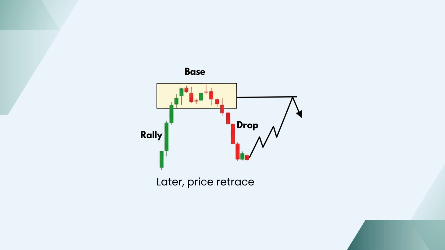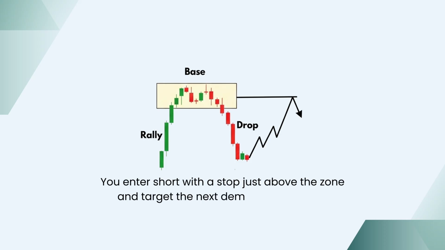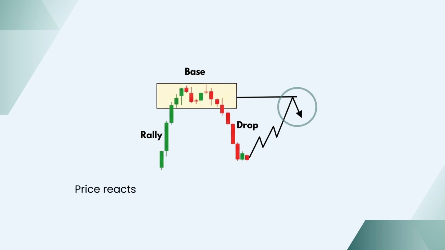Later, price retraces back into that area during low volume hours. You notice bearish rejection candles forming near the same level. That's your confirmation. You enter short with a stop just above the zone and target the next demand area below. Price reacts perfectly, falling back to balance the market.